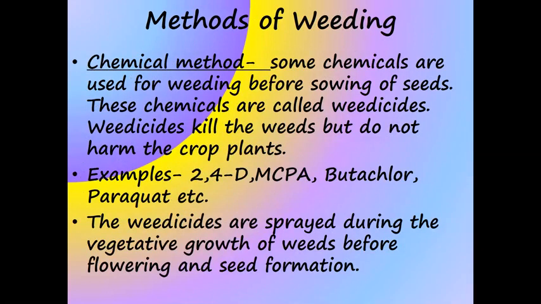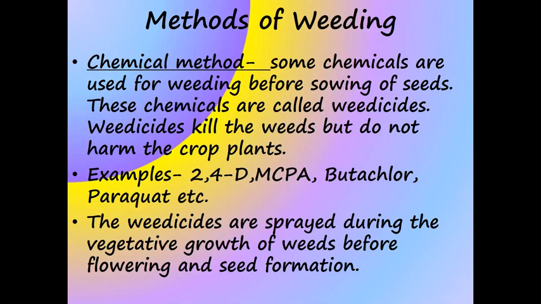In some cases, chemicals are used for weeding before sowing of seeds. These chemicals are called weedicides. Weedicides kill the weeds but do not harm the crop plants.